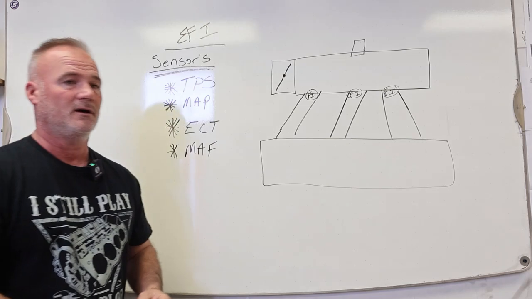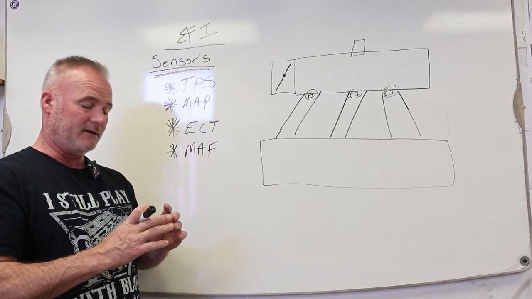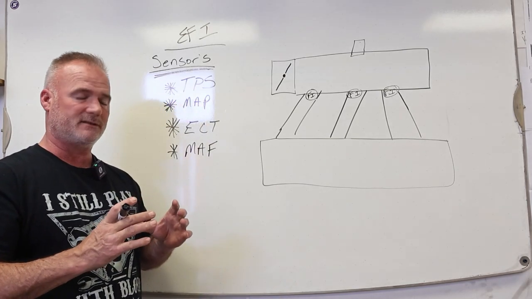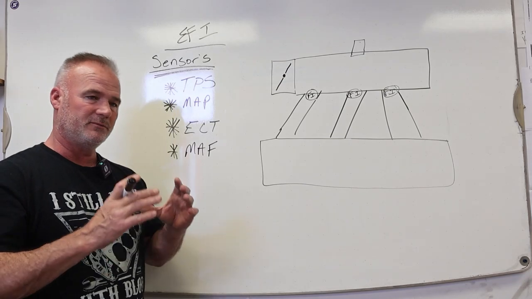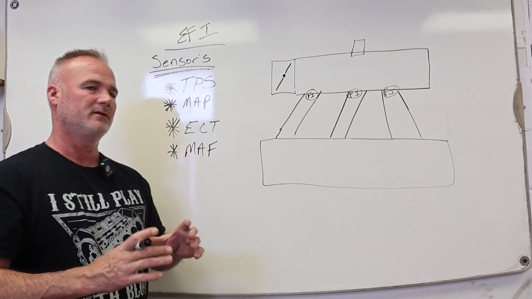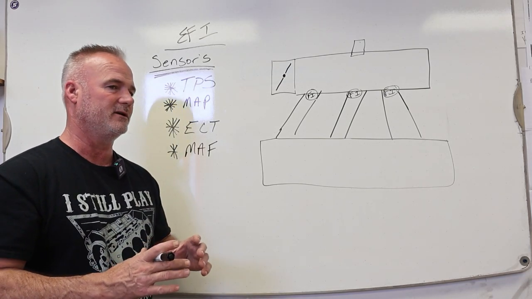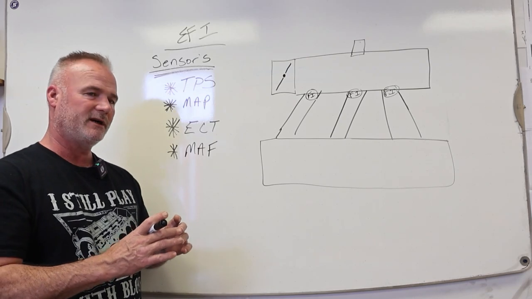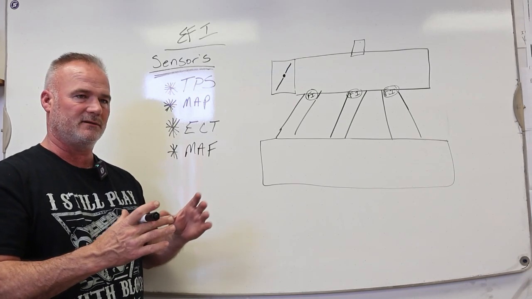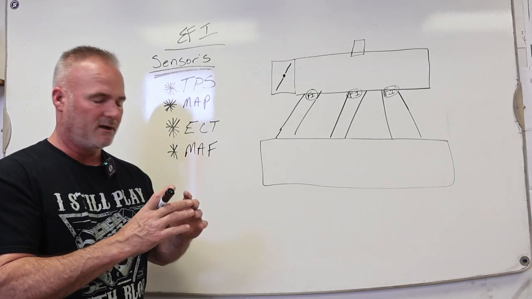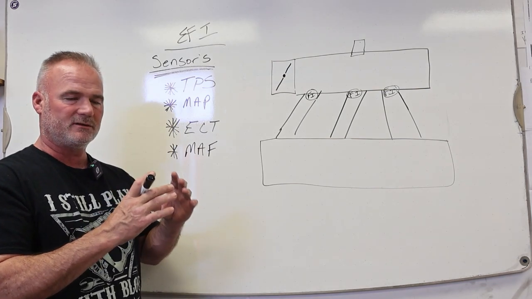Also, mass airflow meters can and do come in different diameter sizes. It is important that the engineer, when he designs a mass airflow meter, those things are hard plastic or aluminum, and they will be a certain size.